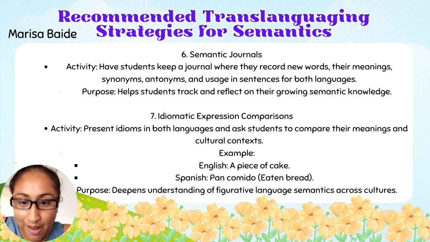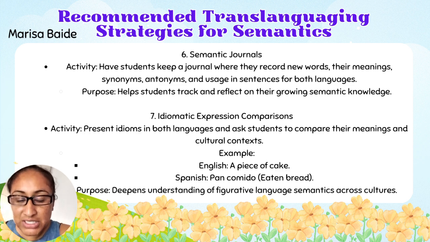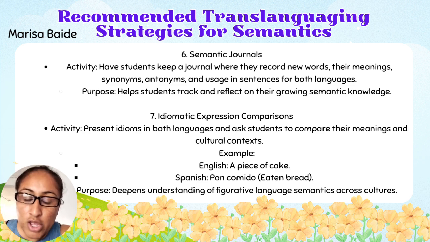These are things that we always do when it comes to English, but when it comes to translanguaging, instead of only doing it in English, we can stress the fact that you can also do it in other languages, because we are trying to create an atmosphere where we allow students to feel included because of the different language that they speak in their homes as their mother tongue.